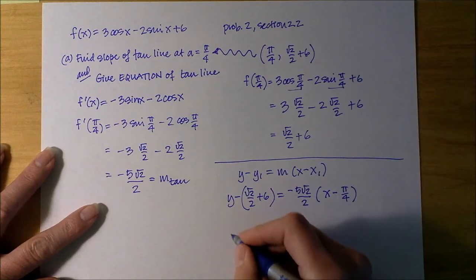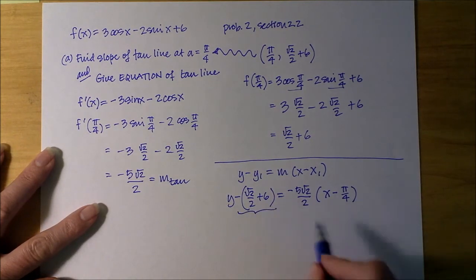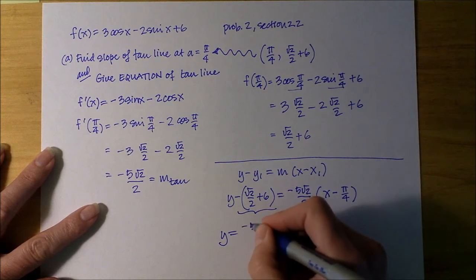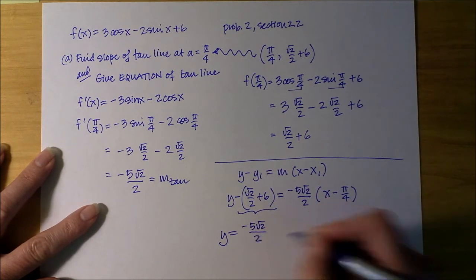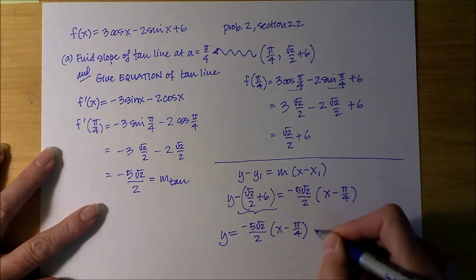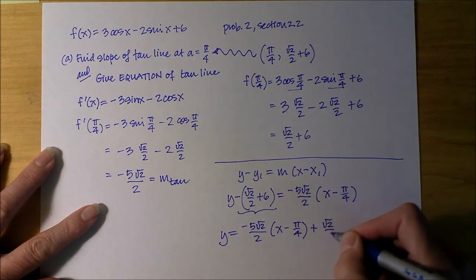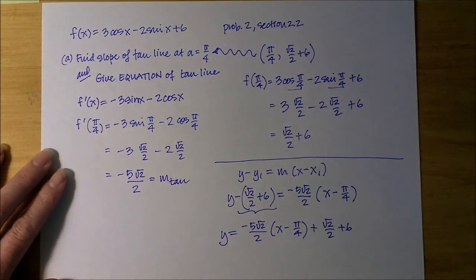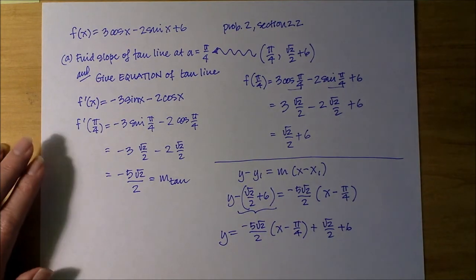And I'm going to put this in the calculator, so I'm going to add this part over to the right, so I just have y equals, and there's really no point in trying to simplify this. We can just enter it into the calculator as it is, plus root 2 over 2 plus 6. So let's go see what it looks like on the graph.